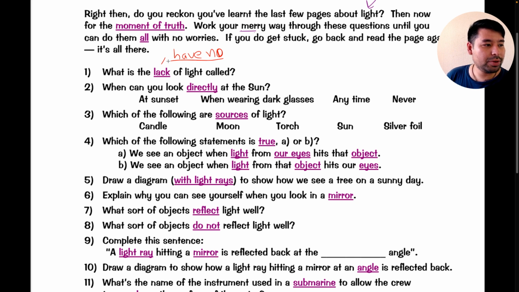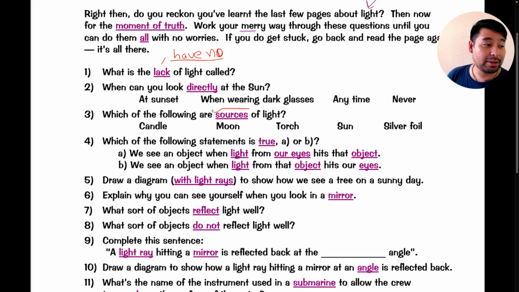Number three, which of the following are sources of light? Again, do you remember the meaning of the word source? This is very important. Which of the following are sources of light? I mean, they produce light by themselves. This is the meaning of source, that the light comes from there. They are like the producer of it.